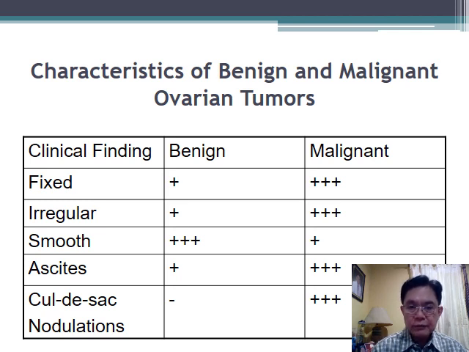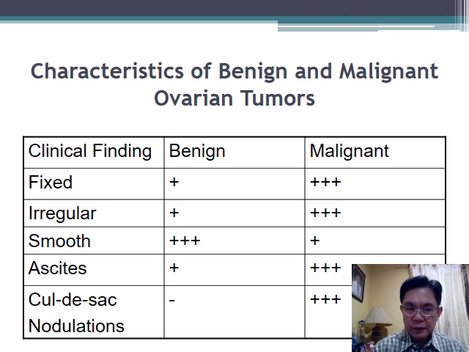The presence of ascites is a very strong determinant for malignant ovarian tumors. And if you perform a good rectovaginal examination, the presence of nodulations in the cul-de-sac or the area of your uterosacral ligaments highly correlates with development of a malignant ovarian tumor.